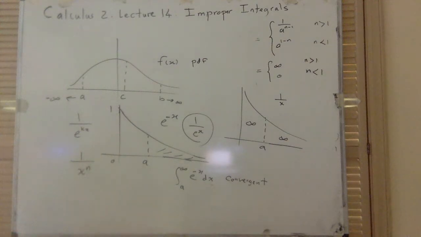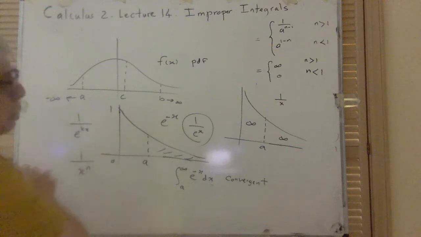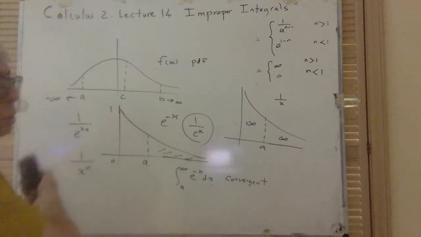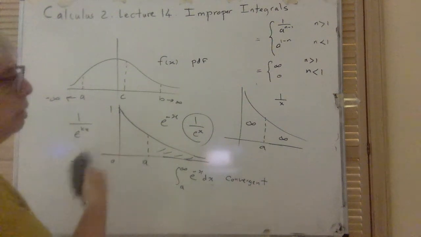You can study these two families. If k is positive, for example, then the area is finite. If k is negative, then it's infinite.